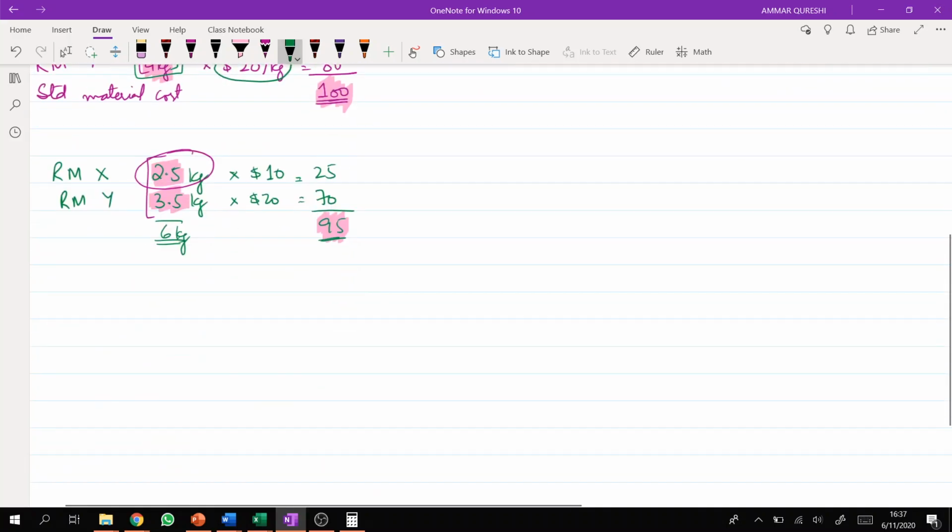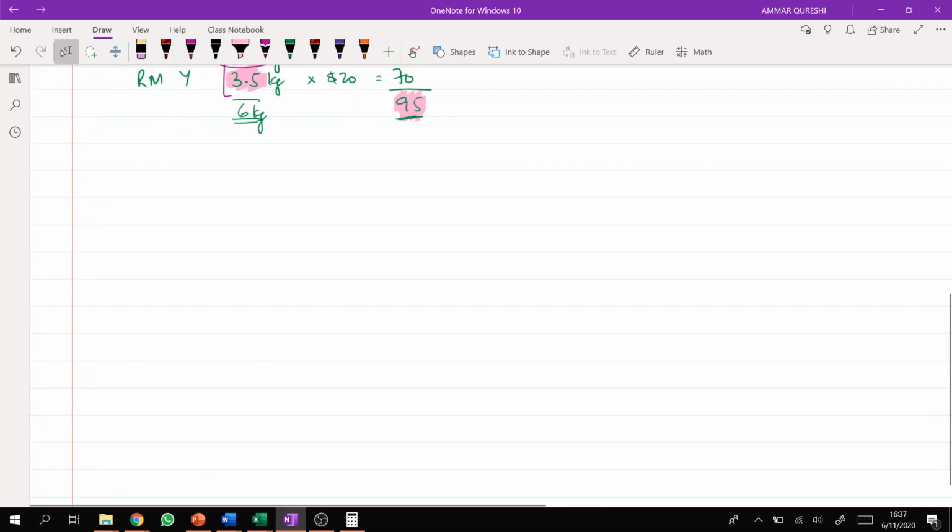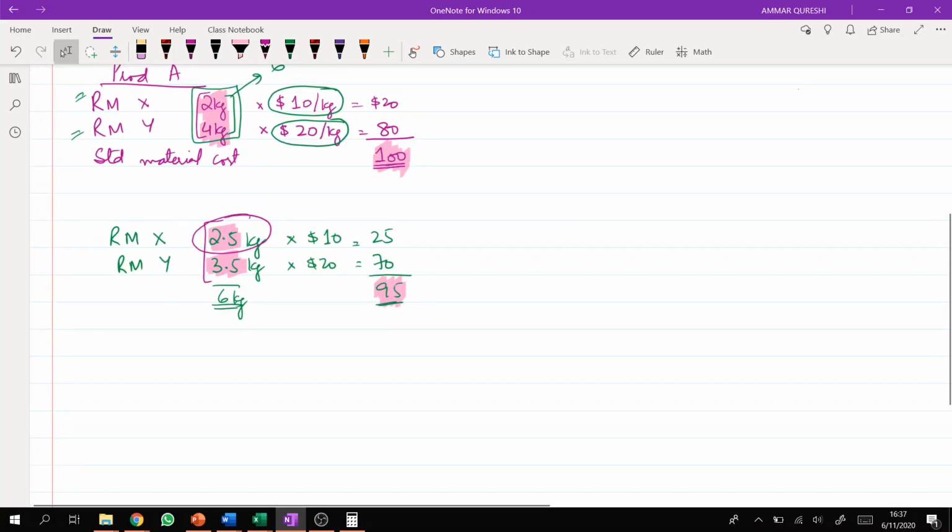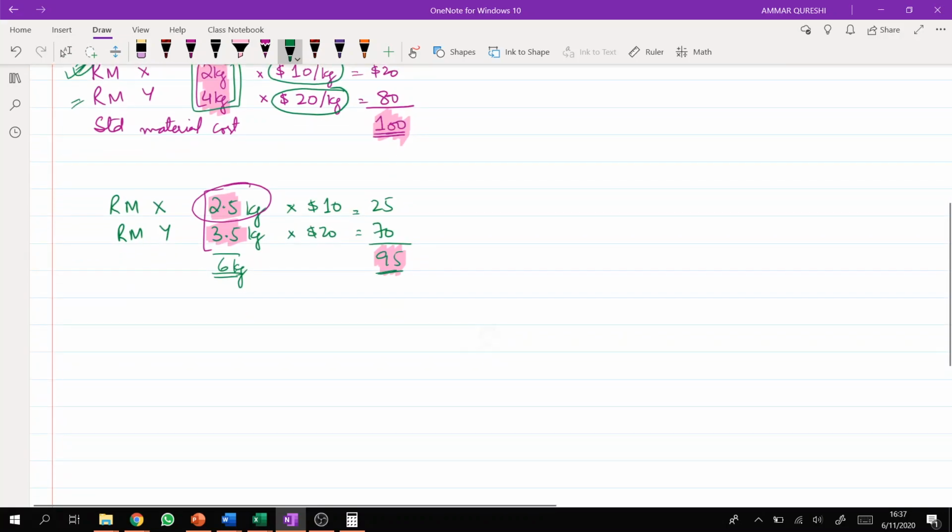So let's do a very simple example of this. Let's consider the same example and do a question regarding this. Suppose the company is using raw material X. The standard cost card says that 2 kilograms of raw material X should be used at a cost of $10 per kilogram. That makes around $20 per unit.